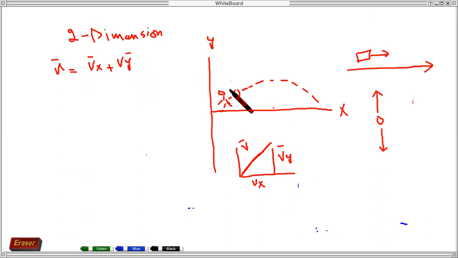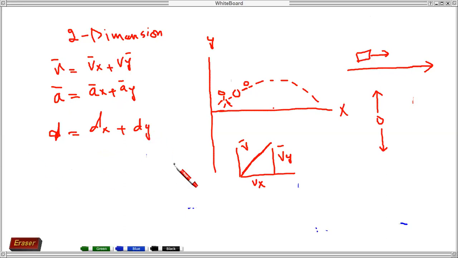Same if you want to find acceleration at each point. Acceleration has two components, ax plus ay: acceleration along the x-axis and acceleration along the y-axis. For distance covered, you need to find distance covered along the x-axis and along the y-axis, so dx plus dy.